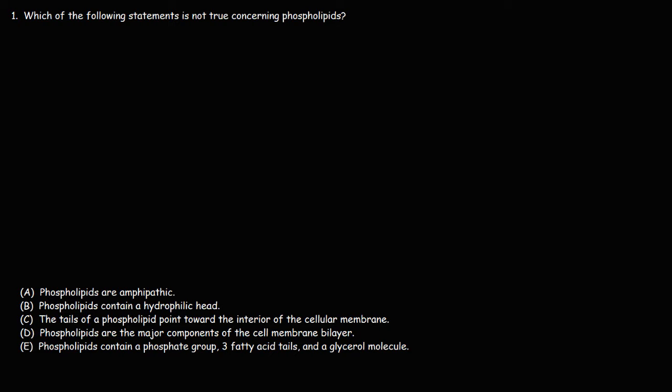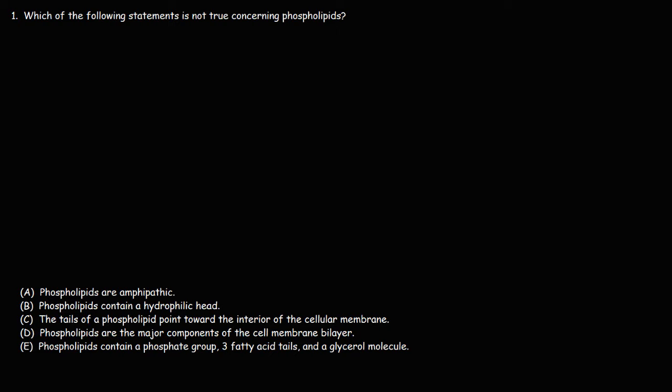Would you say A, phospholipids are amphipathic, B, phospholipids contain a hydrophilic head, C, the tails of a phospholipid point toward the interior of the cellular membrane, D, phospholipids are the major components of the cell membrane bilayer, or E, phospholipids contain a phosphate group, 3 fatty acid tails, and a glycerol molecule. So which of these statements is not true, or which one is false?